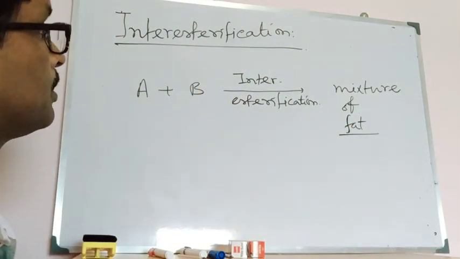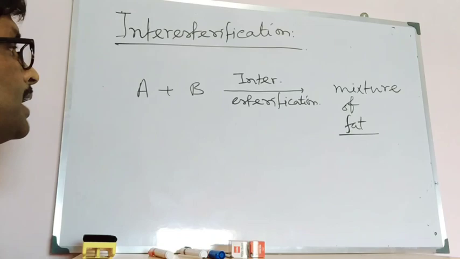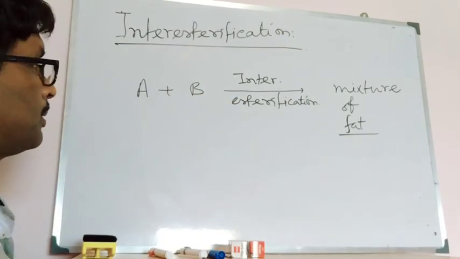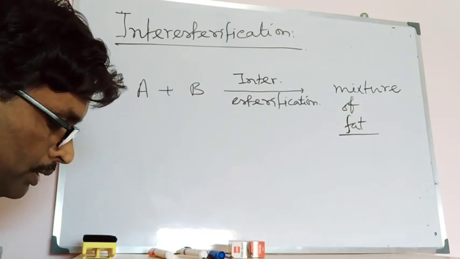So how did we get the mixture of fat? Because no hydrogenation is carried out, only interesterification was carried out. By what method? I will come to it later.